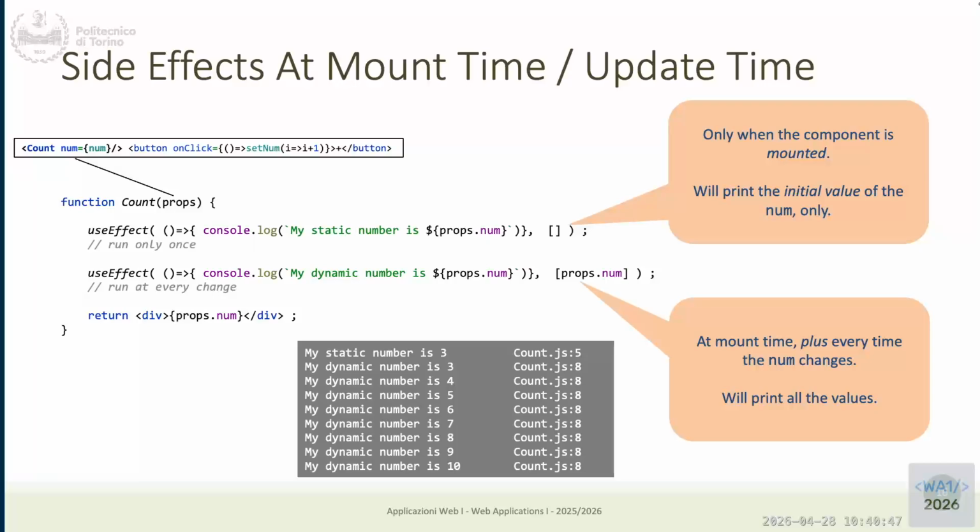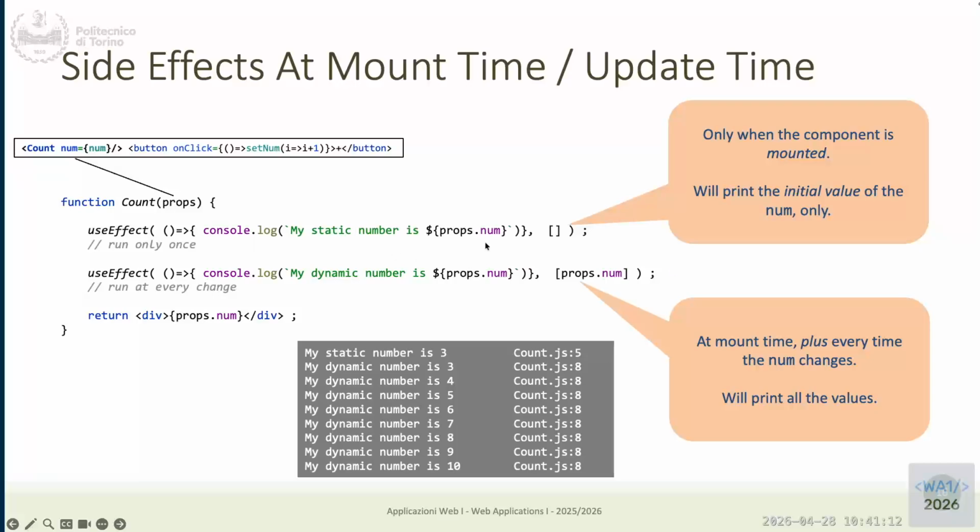When we have two or more variables, it can become confusing, because maybe one variable will trigger the execution of the callback, and then the callback will use a second variable inside. And so there may be cases where the second variable, if it's not in the dependency array, may change without triggering the callback, and so may run with an old value instead of the latest one.